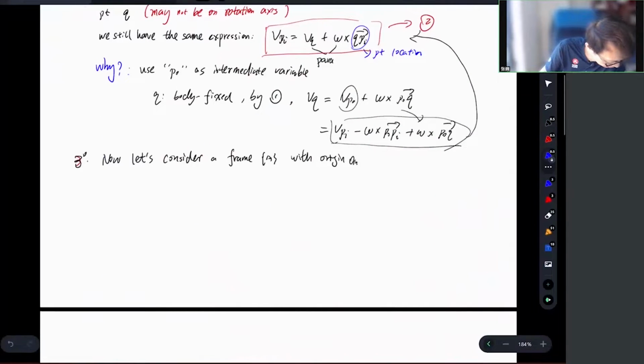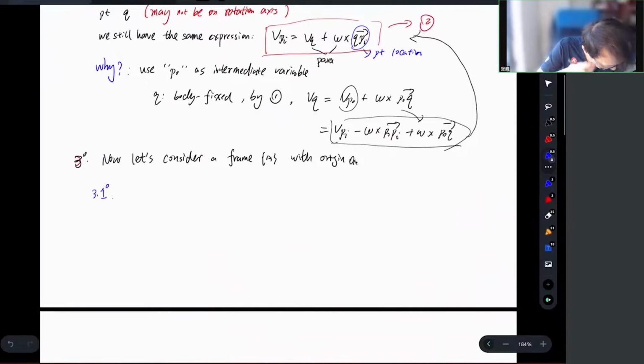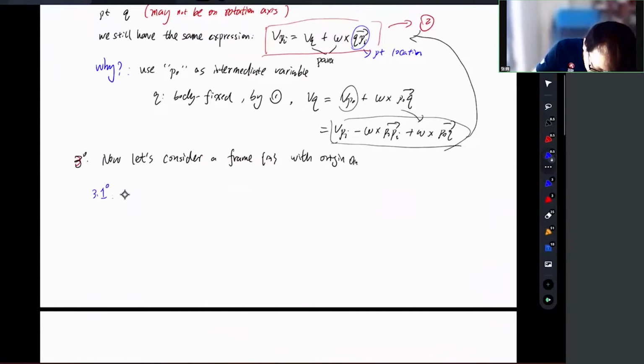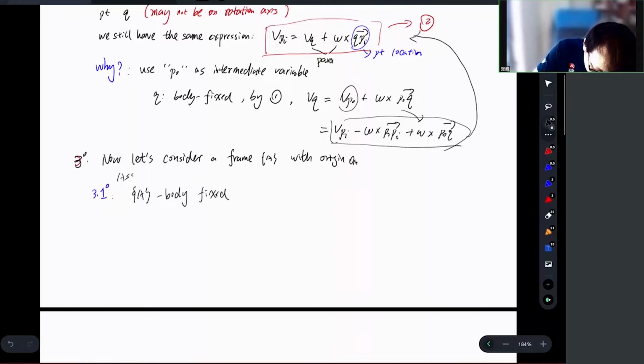There are two possible cases, right? Let's first look at the first one. Let's say a simple case. Let's say A is body fixed. Let's assume that's the case. Okay, first case. Let's assume A is body fixed.